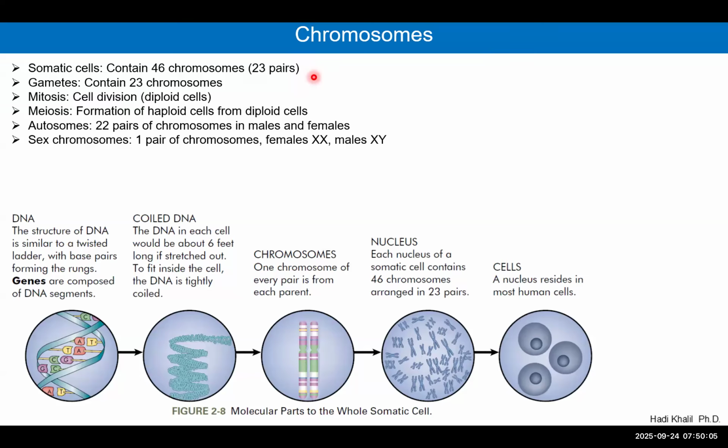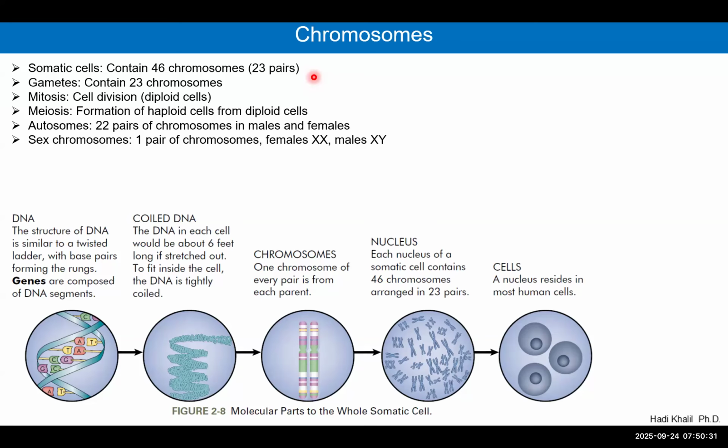Now, you can do this by in vitro fertilization these days. Mitosis is the cell division of diploid cells of the 46 chromosomes in the somatic cells. Meiosis is the formation of the haploid cells from those diploid sex cells.